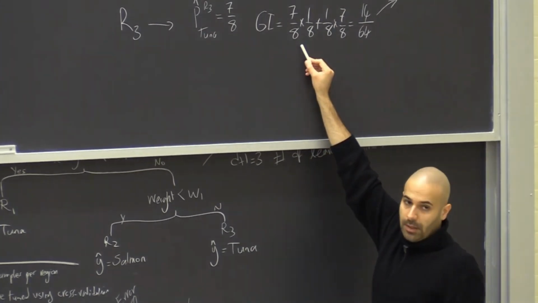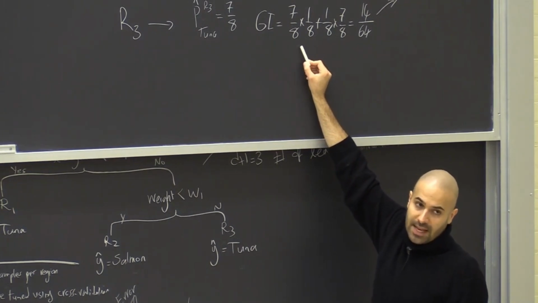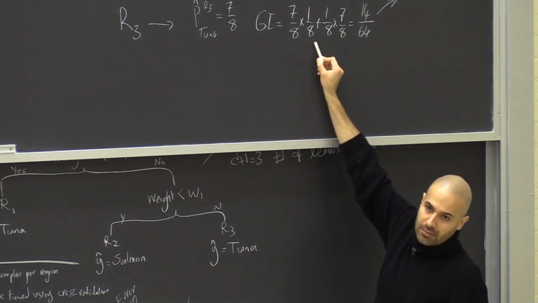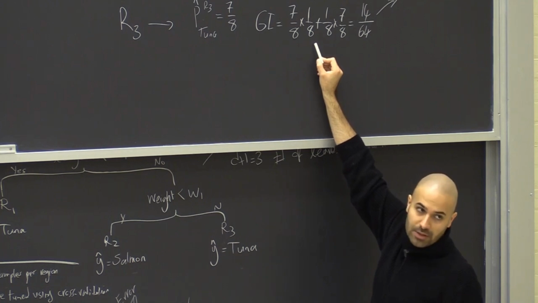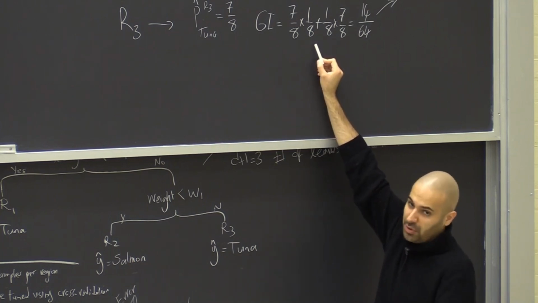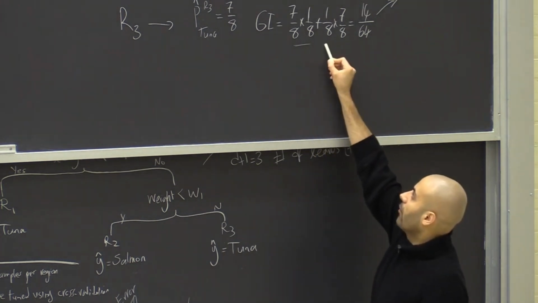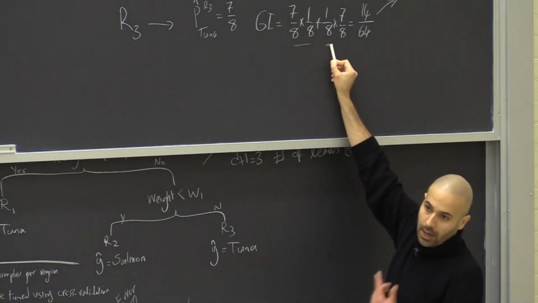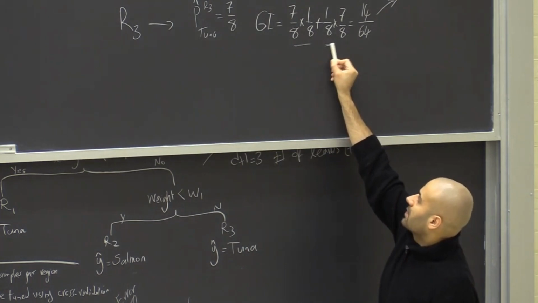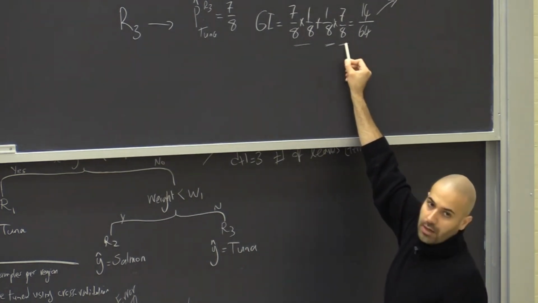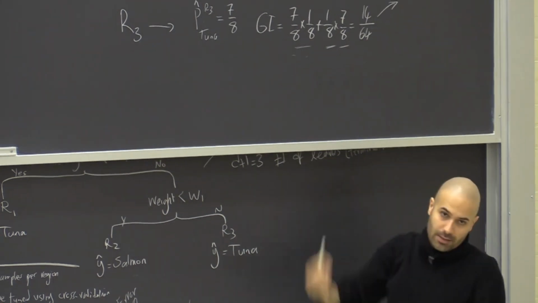Because with a probability of 7/8, we would classify it as salmon, and then there's 1/8 probability of being unlucky and the observation being actually the tuna. So this is one way of misclassifying. The other way is that if we classify the observation as a salmon, but the observation is a tuna. So in these 2 cases, we would make an error.